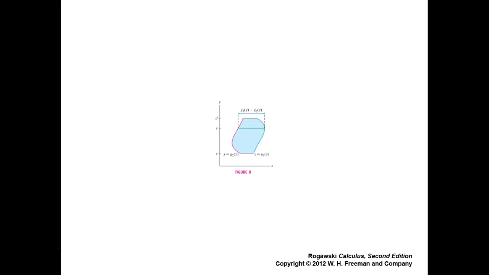Now, what if you had the graphs like this? You're between two this way. Now you do your moment with respect to the x-axis, and the distance here is y. The length is the difference between these.